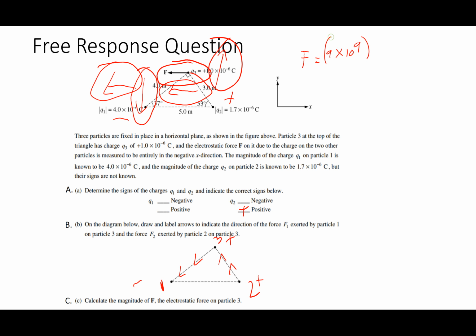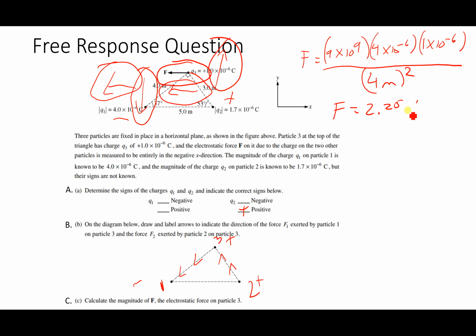That's k, 9 times 10 to the 9th, times Q1, 4 times 10 to the minus 6, times Q3, which is 1 times 10 to the minus 6, all over the distance squared. We calculate that out, and that comes out to be 2.25 times 10 to the minus 3 newtons.